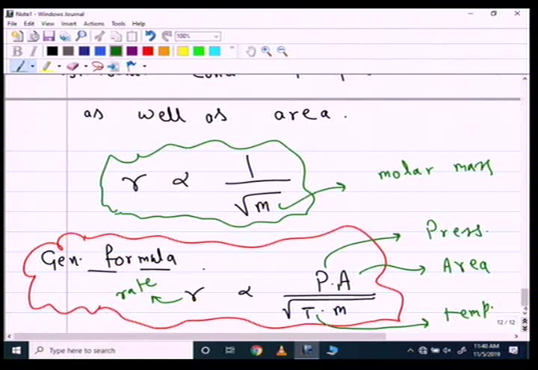One second. First of all, copy this one, then I'll show the previous slide.